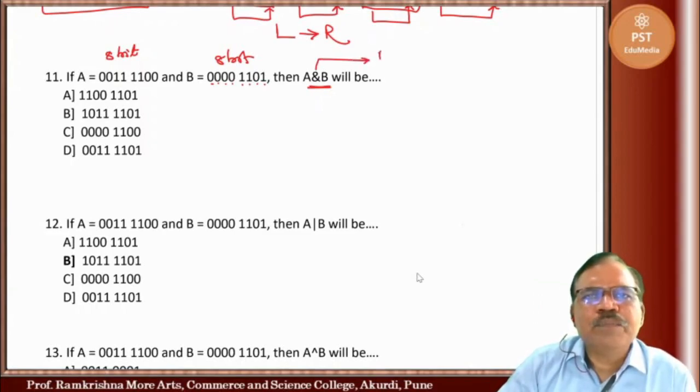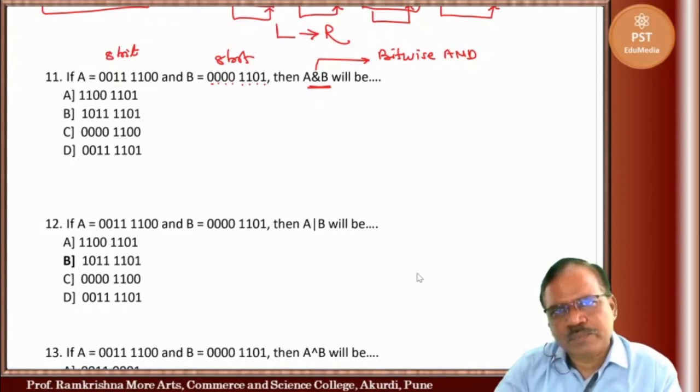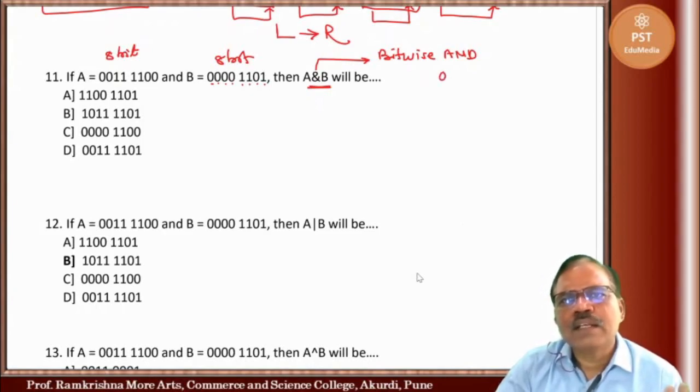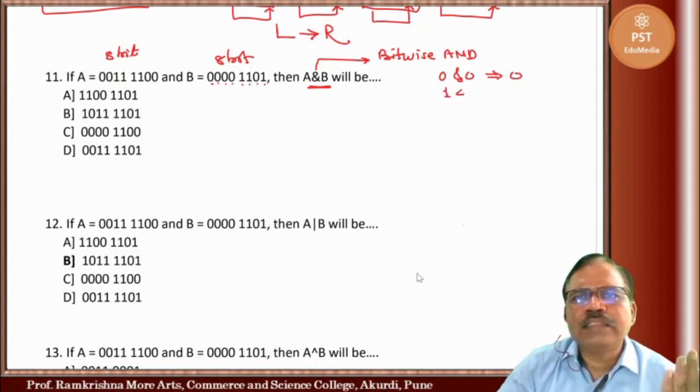It is bitwise AND. Bitwise AND means it acts on bits. So 0 bit and 0 bit gives you 0. 1 and 0 gives you 0. 0 and 1 gives you 0. And 1 and 1 gives you 1.